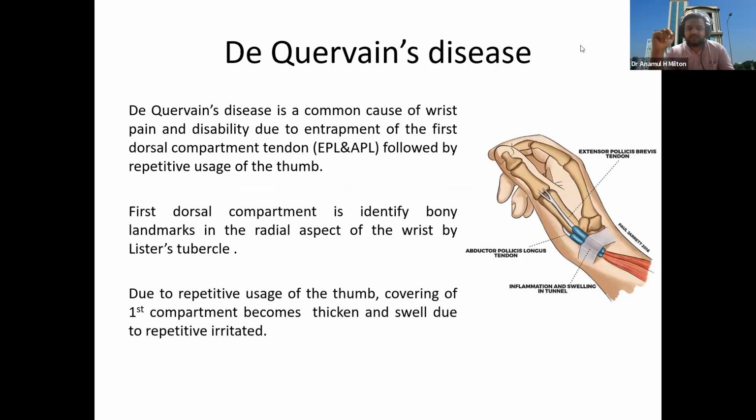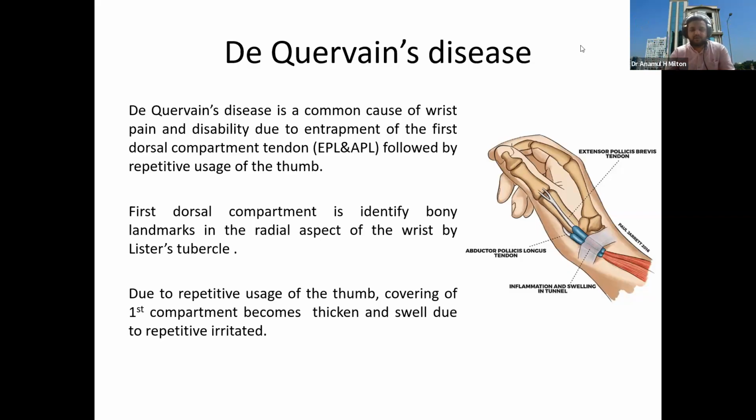These two tendons go within a common sheath, and when they cross the wrist joint, sometimes if there is any direct trauma or repeated work, it causes repeated microtrauma within the tendon, around the tendon, and around the sheath. So there may be a collection of some fluid.